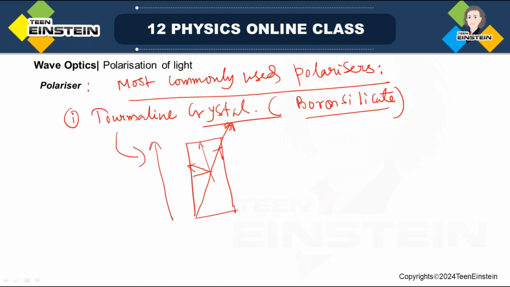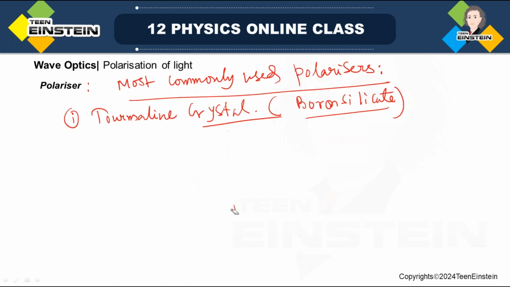I have said that unpolarized light has its electric field vector oscillating in all possible directions.